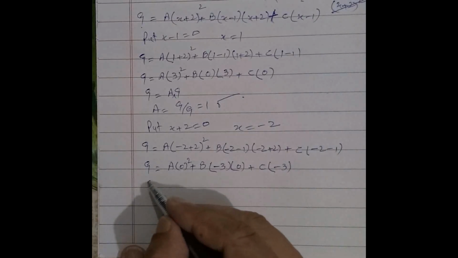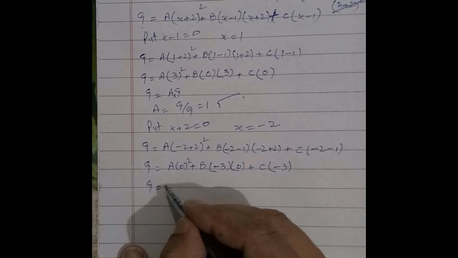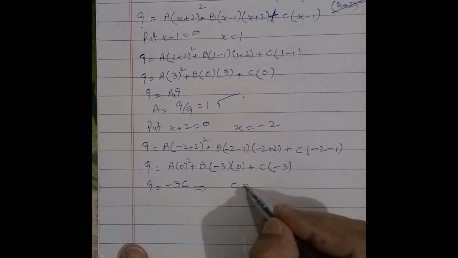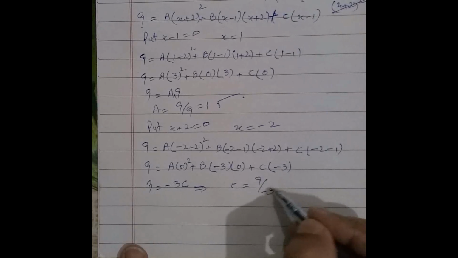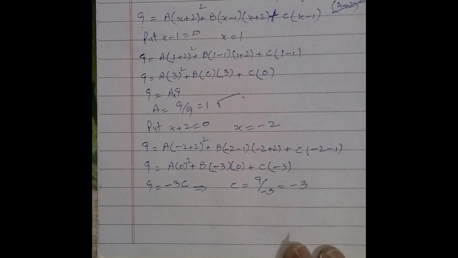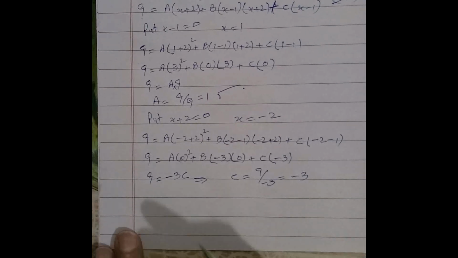Further simplifying, we get 9 is equal to minus 3c, means c is equal to 9 over minus 3, which is equal to minus 3. c is equal to minus 3. And now we compare the coefficients of x square.